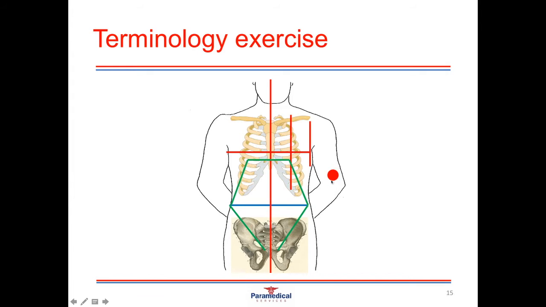Because if the person was to extend their arms out into the anatomical position with palms facing forwards, this portion over here, which is closest to that elbow joint, would in fact be on the lateral portion of that arm. So the way that we would describe this on a person, we would say that this was the lateral portion, distal third of the humerus.